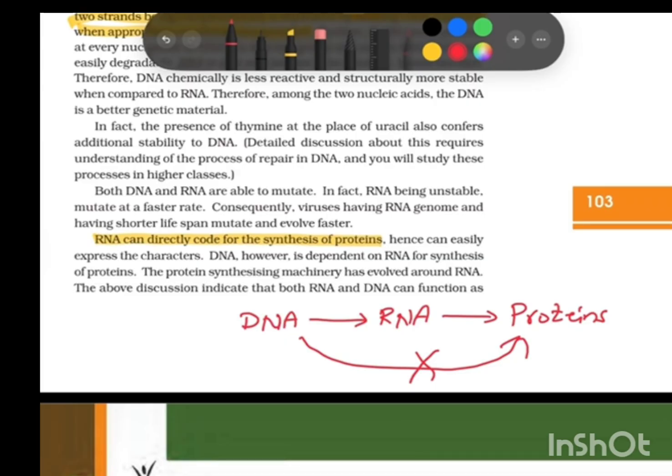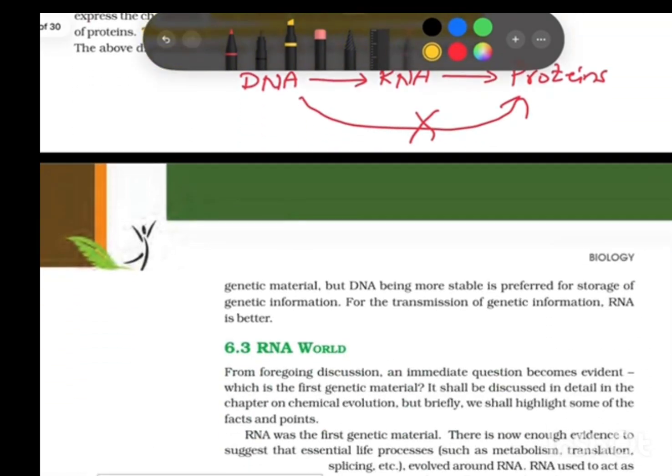RNA is forming the proteins. That process is called translation. So, RNA is easily expressing the proteins. It is coding for the proteins. And the total protein synthesizing machinery has evolved around RNA. DNA, however, is dependent on RNA for protein synthesis. It is not directly synthesizing the proteins. Via RNA, it is synthesizing.